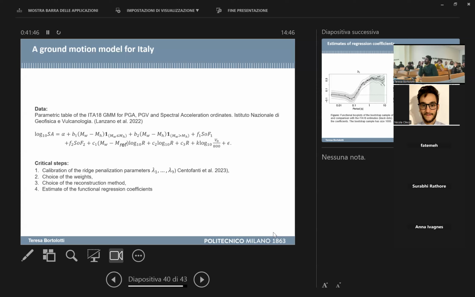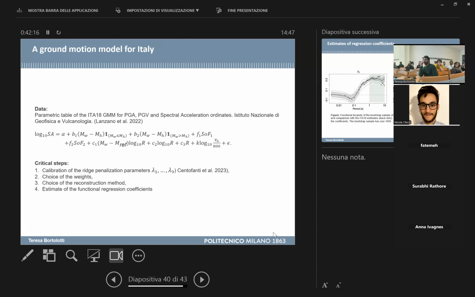These are the covariates indicating the magnitude of the earthquake. These are the covariates that depend on the distance of the station from the epicenter. R is indicating this distance. And yeah, we extended this to the functional setting. So you have to imagine that all these quantities now depend on the period and are functions of the period.